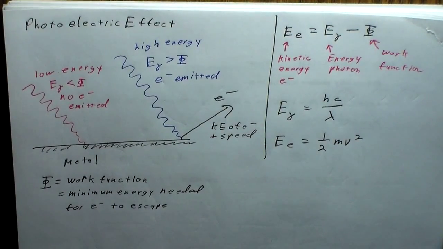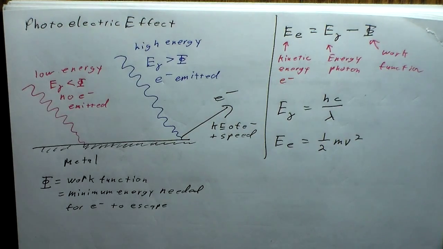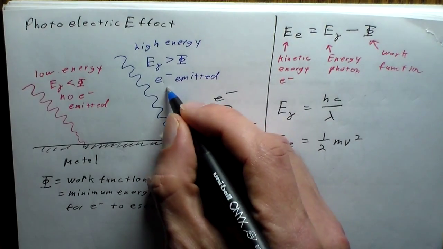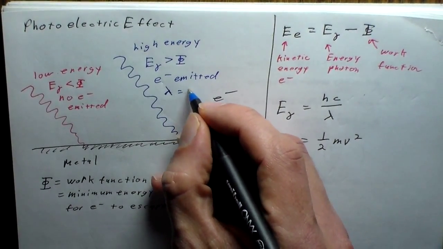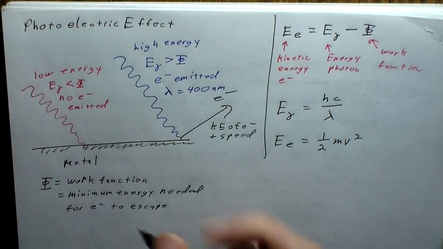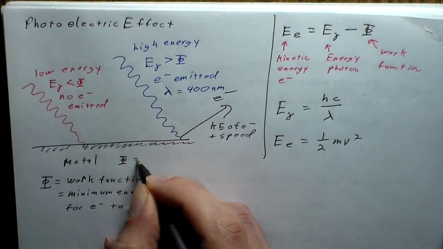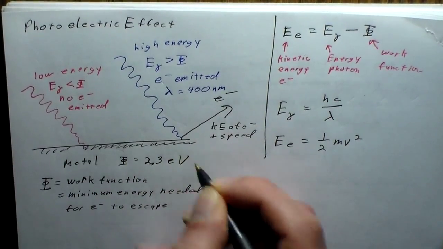These are the equations we're going to be using while we plug and chug. For our little diagram, we're going to say that the wavelength we're going to use is equal to 400 nanometers as our example. And for my metal down here, I'll say that my work function is equal to 2.3 electron volts.